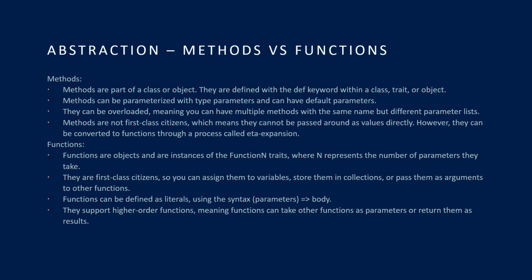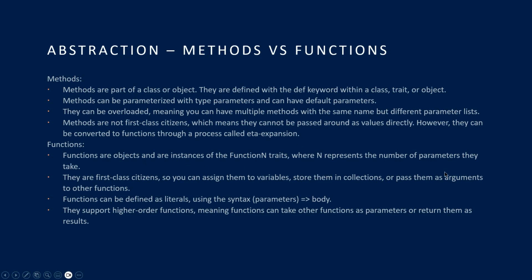Methods can be parameterized with type parameters and can have default parameters. They can be overloaded. But my understanding is they can't be passed around as values directly. However, they can be converted to functions through a process called eta expansion, I believe.